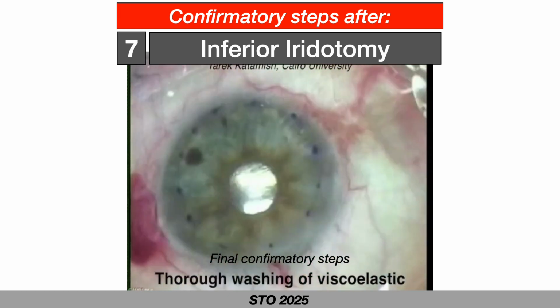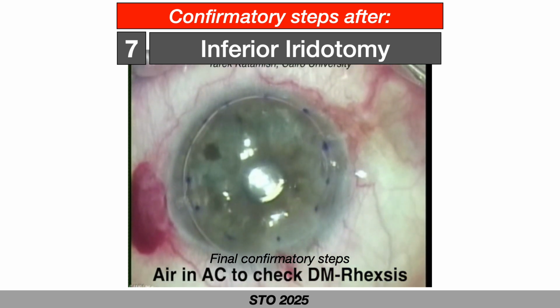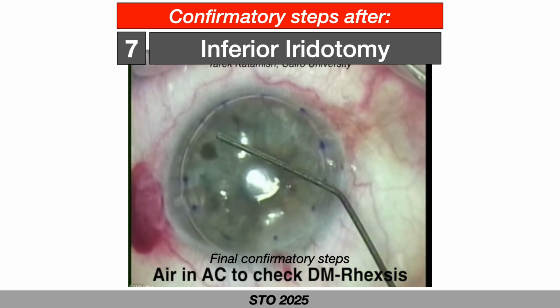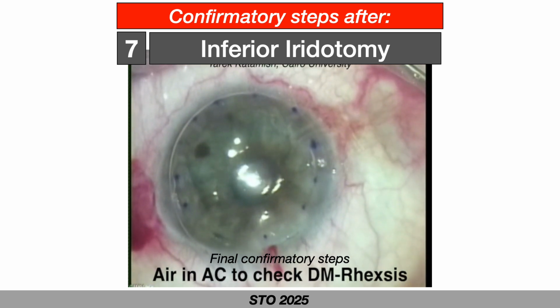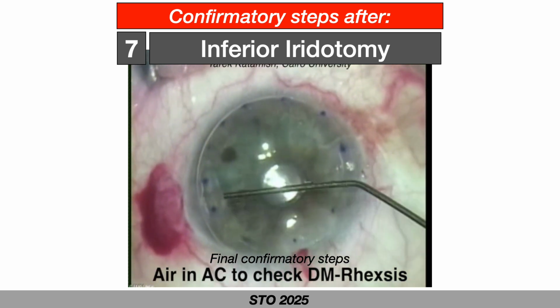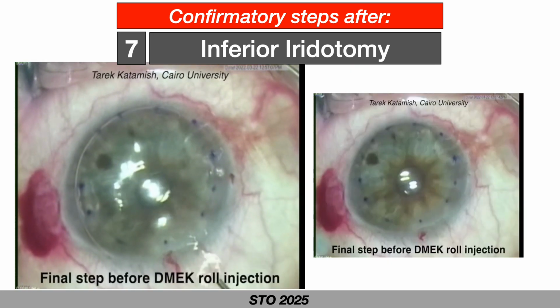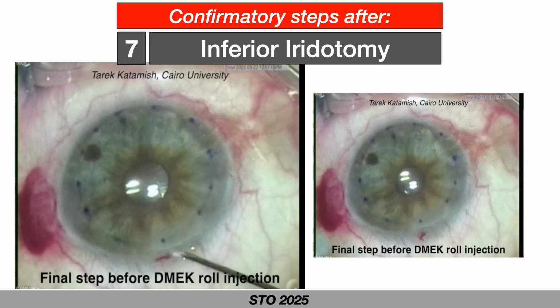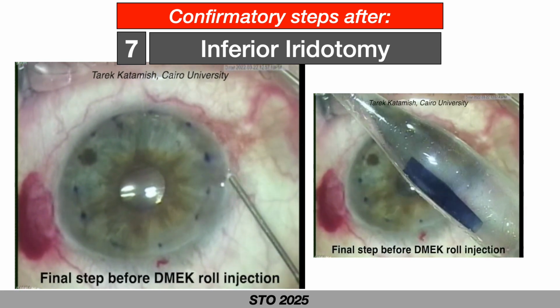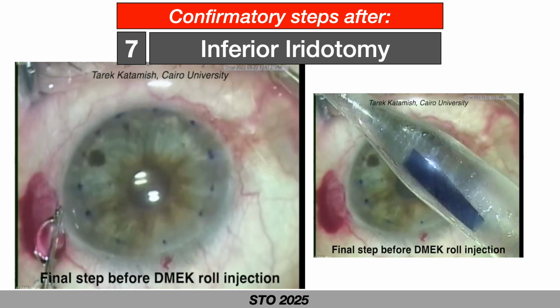You have to make a thorough washing, and then you have to inject air in the anterior chamber for more checking of the descemetorhexis, and if you have any tags you can manage them at this time. And finally you suck this air and replace it by saline, and you are ready now for the second step of injecting the DMEK roll inside the anterior chamber.